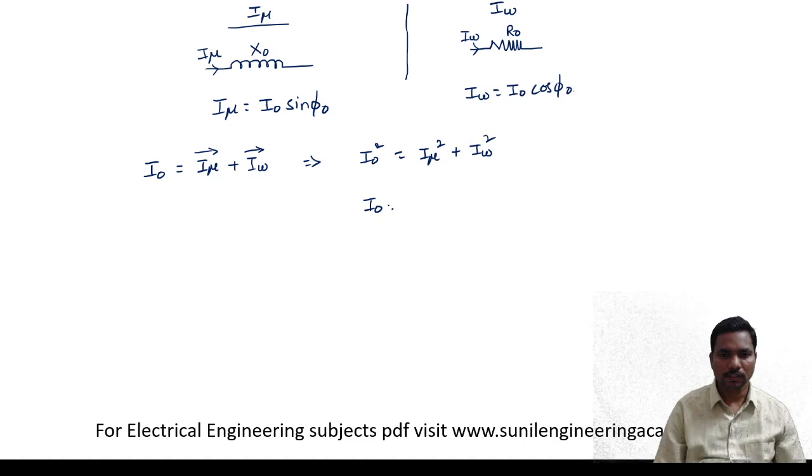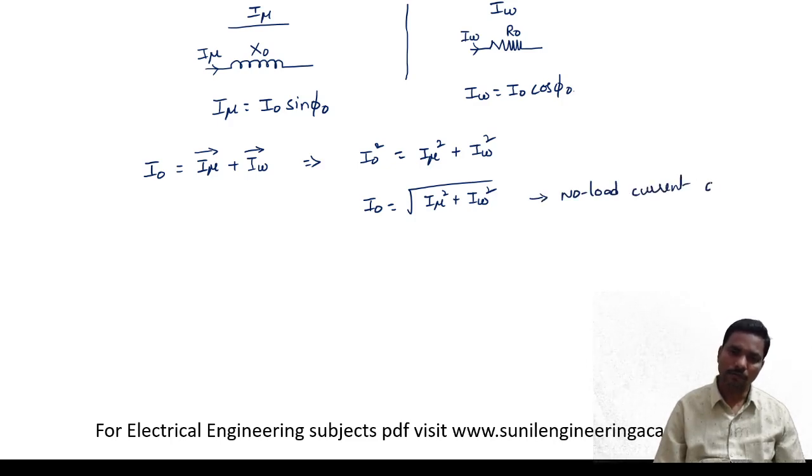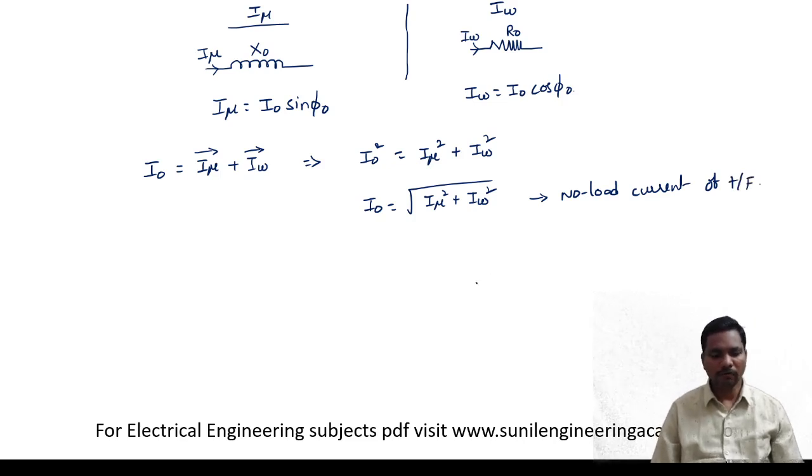So I naught is equal to root of I mu square plus IW square. This is what you will get. This is the no load current of the transformer.